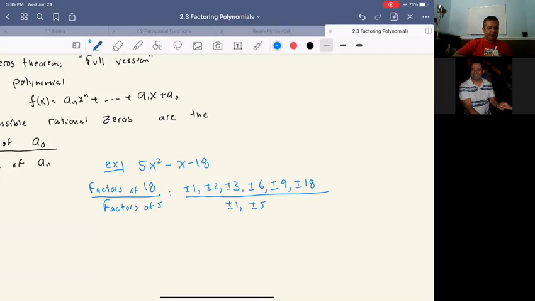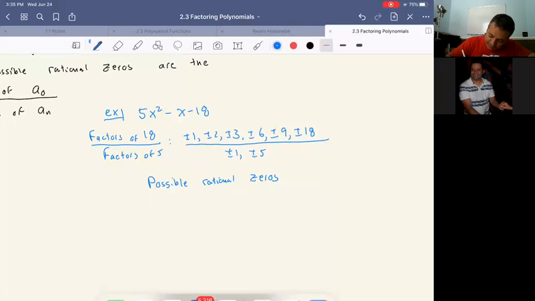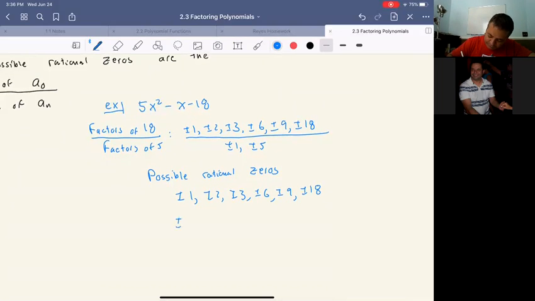So our possible rational zeros are this huge list, plus or minus 1, just writing them all out. And then also over 5.